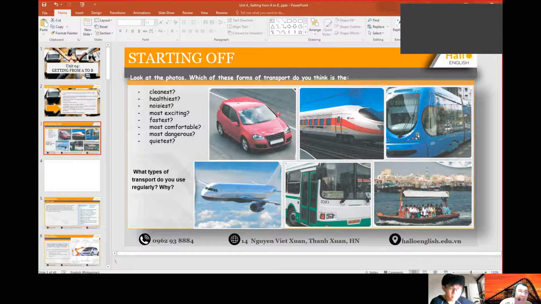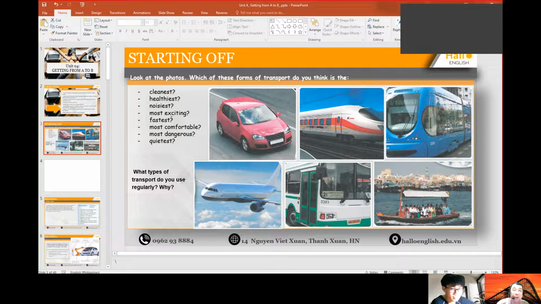What about the fastest? Still the airplane. Most comfortable, the airplane too. Most dangerous, the airplane. And the quietest, the boat.